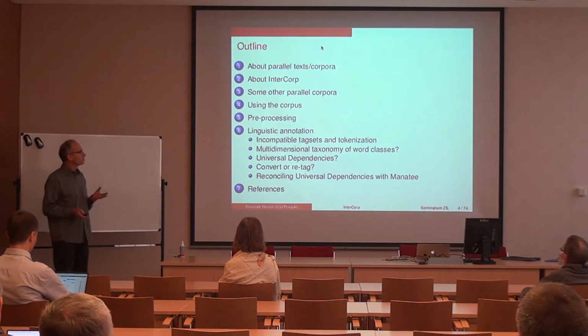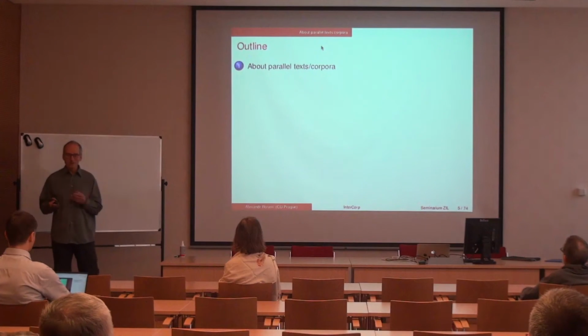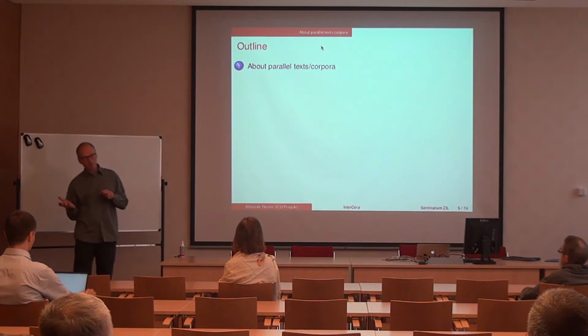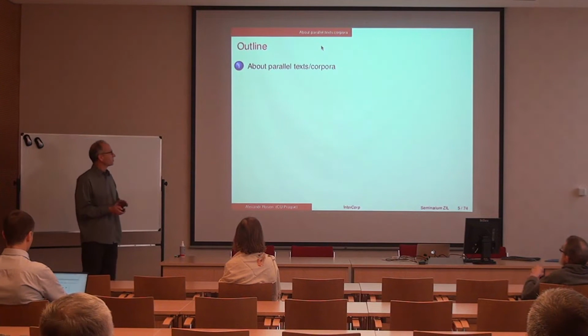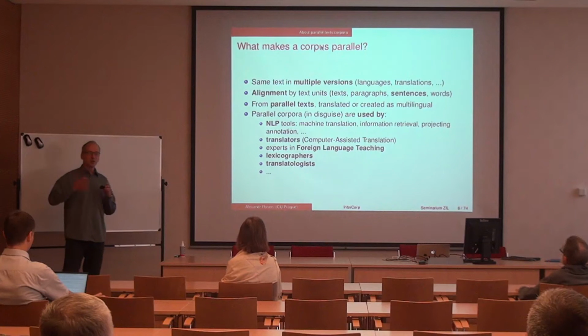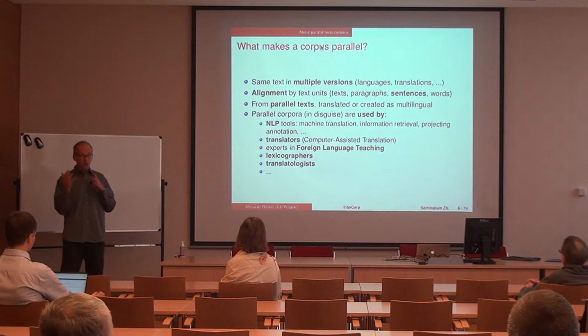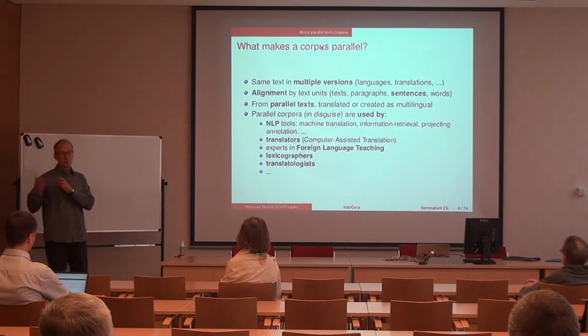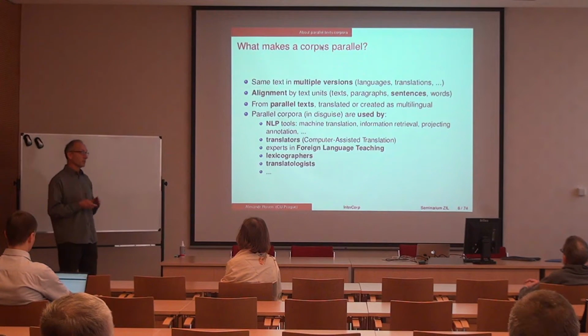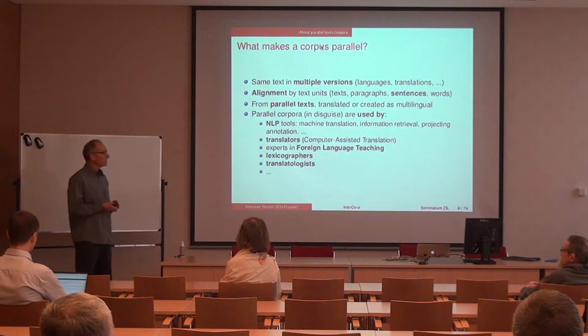Okay, so for those of you who have not heard about the Czech parallel corpus or about parallel corpora in general, which I doubt, but anyway, a parallel corpus is a corpus where you have multiple versions of more or less the same text. It can be multiple languages, or it can be multiple versions within the same language, maybe multiple translations of the same texts.